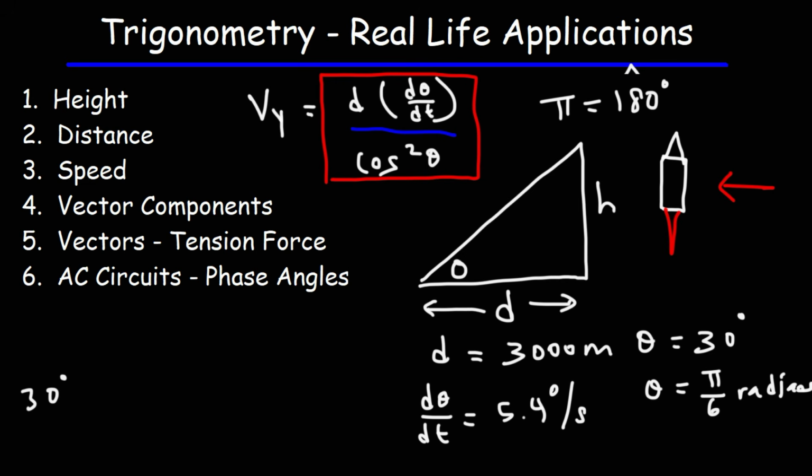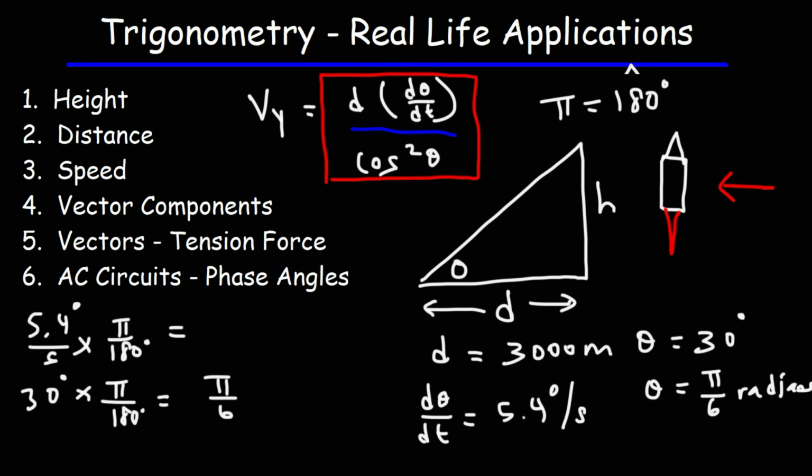So starting from 30, when you multiply by pi over 180, you get pi over 6. Doing the same thing with this value, it gives us 3 pi over 100, which is 0.09425 radians per second.